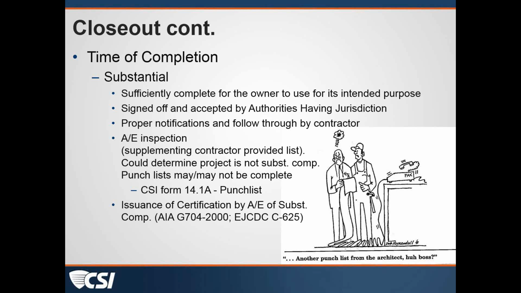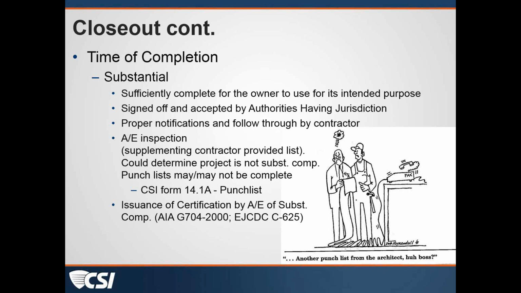But substantial completion is defined as the project being sufficiently complete so that the owner can use it for its intended purpose. We are at the point that the local authority having jurisdiction has looked at the project and has signed off and accepted the project as complete. The proper notifications and the follow-through by the contractor have gone on.